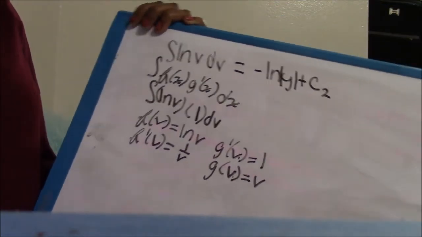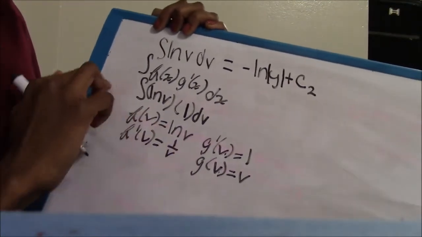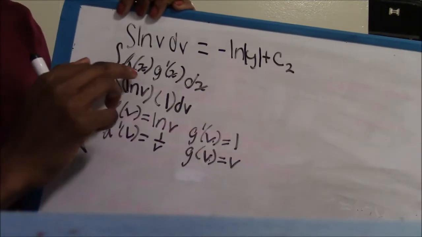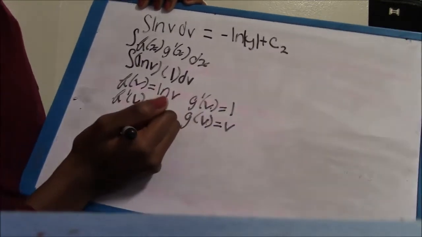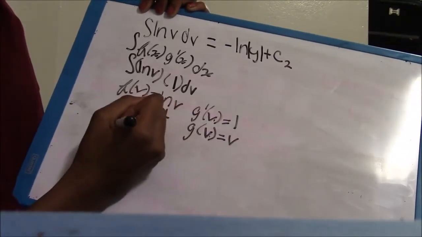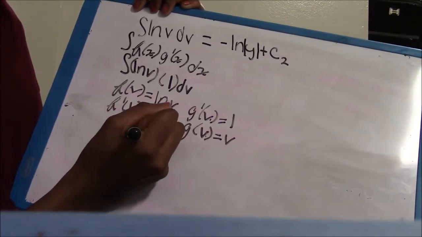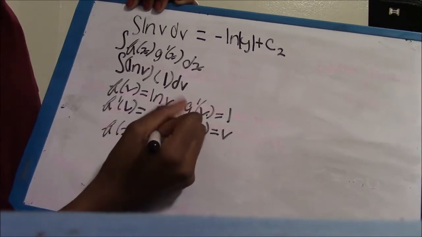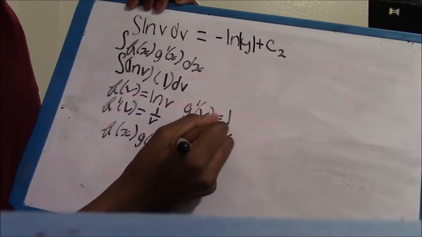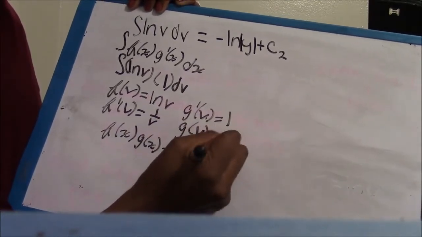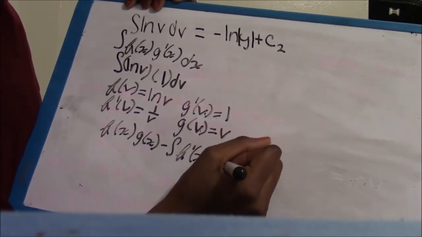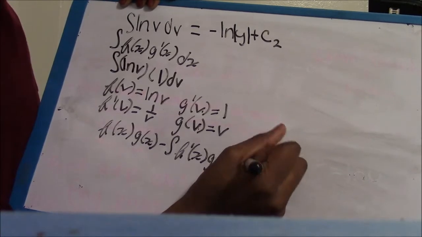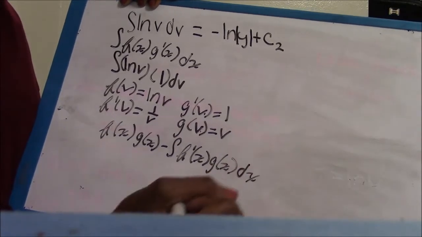Okay, so the rule says that the integral of f of x times g prime of x is going to be f of x times g of x minus the integral of f prime of x times g of x with respect to x.